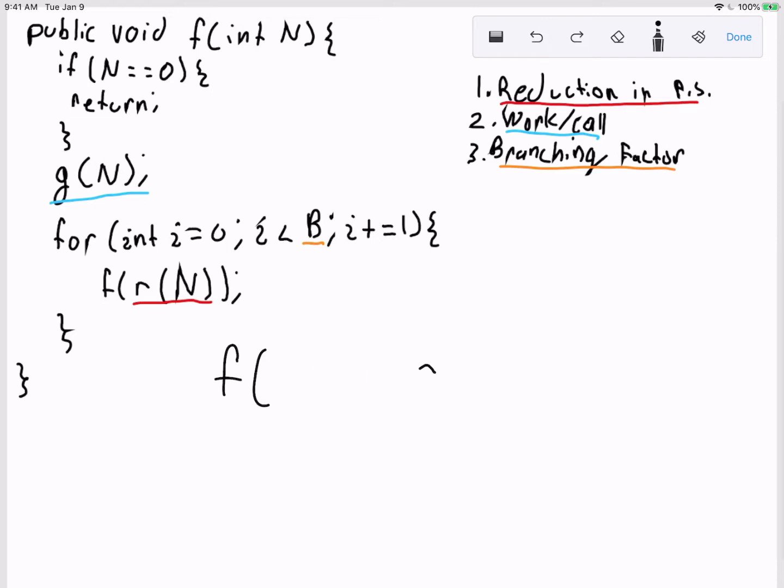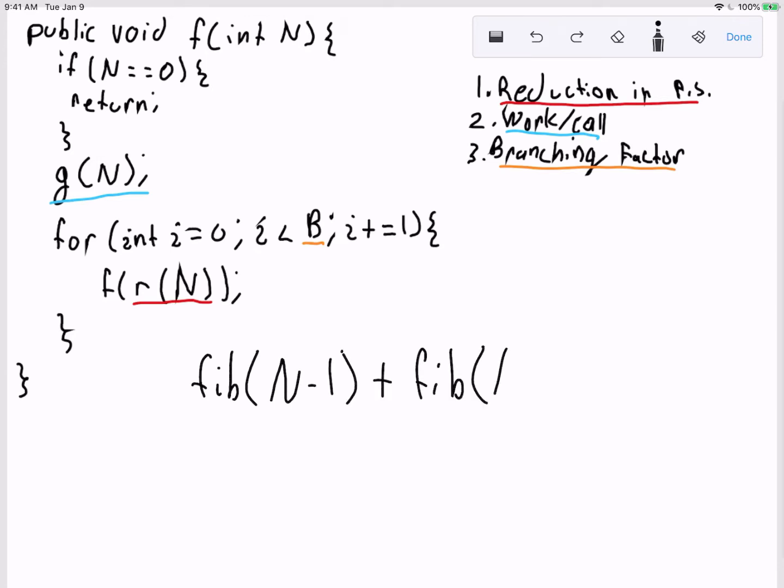And the branching factor is commonly just how many times you see the recursive function. For example, in the Fibonacci function, you see fib of n minus 1 plus fib of n minus 2. Since there are 2 fibs, the branching factor is also 2.